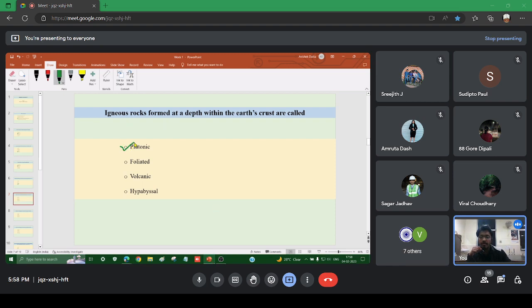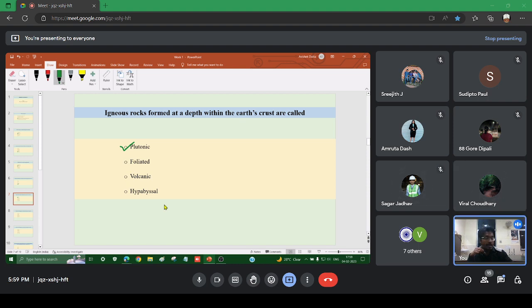Now I'll start from volcanic. What are volcanic igneous rocks? I am classifying them as per their formation depths. If plutonic rocks are formed at a great depth within the Earth's crust, then where are volcanic rocks formed? At the surface.